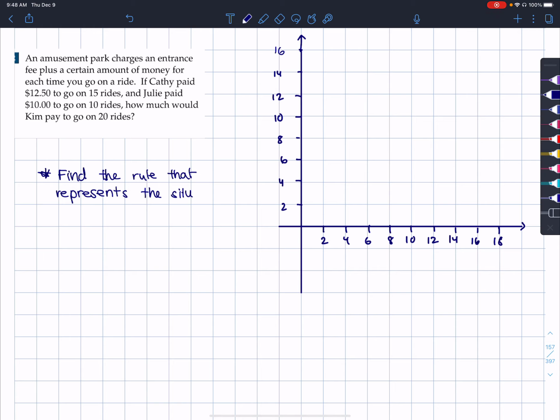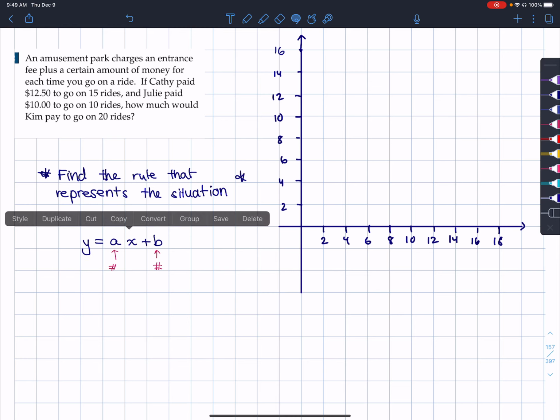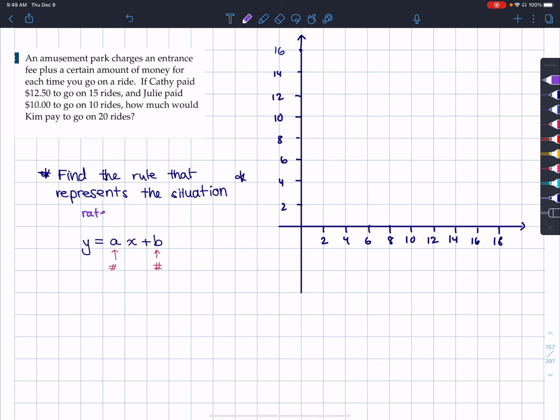And if you remember, your rule for a linear relationship is in the form of y equals ax plus b, where a should be a number and b should also be a number. A represents your rate of change, the way that things are changing.